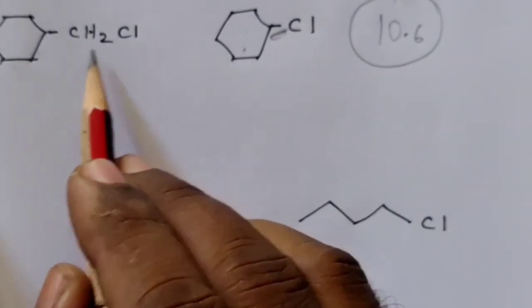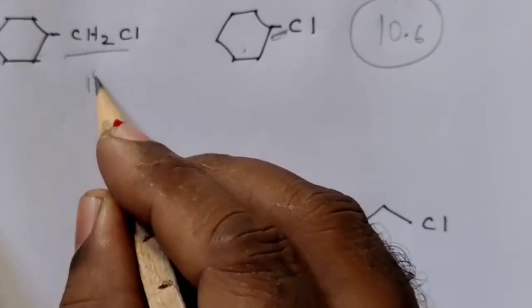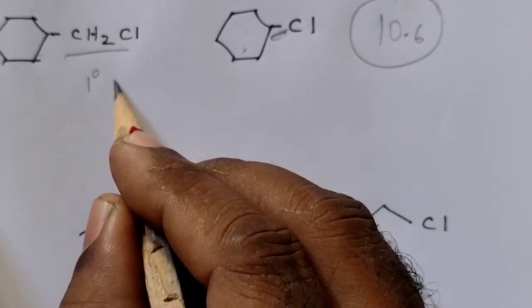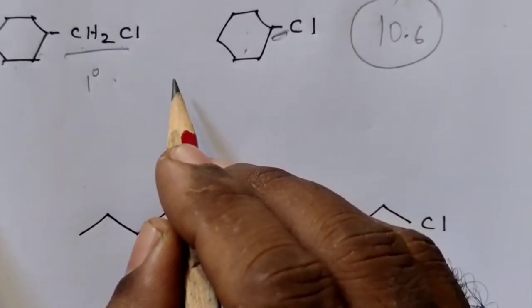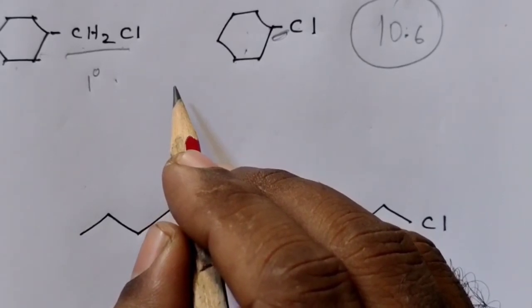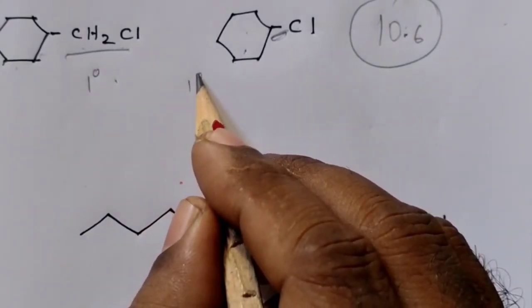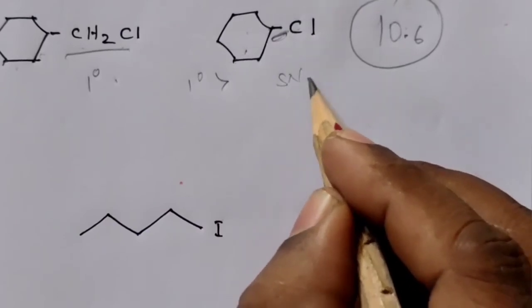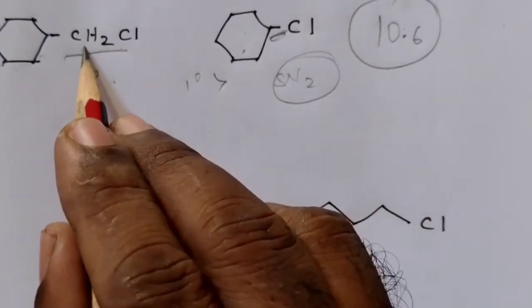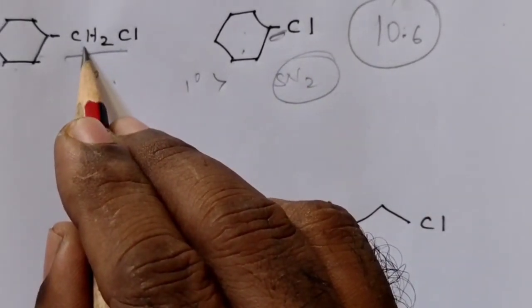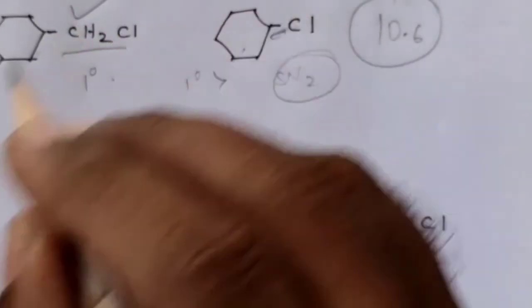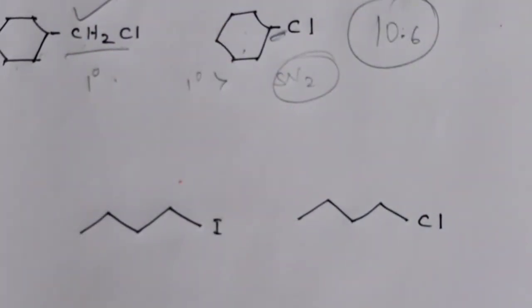Here CH2Cl comes, so it is a primary alkyl halide. As we studied, a primary alkyl halide is faster in SN2 reaction. Since it is a primary alkyl halide, this will undergo SN2 reaction faster.